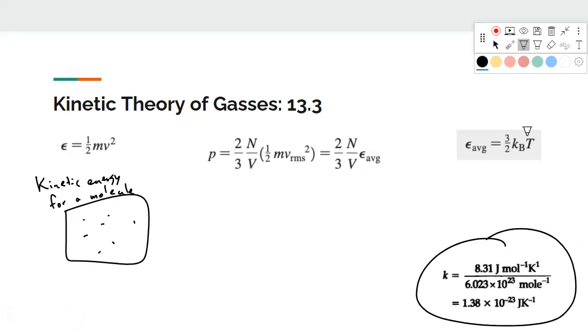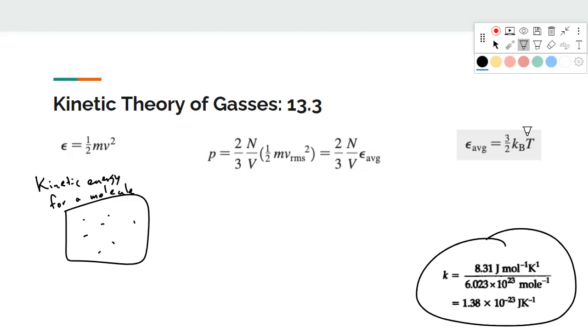That's just 1/2 mv squared. It's the same formula we learned in 3A. The gas molecules have a tiny, tiny mass. They have a pretty big velocity. So they each have some amount of energy, but the mass is so small that the amount of energy they have is pretty minuscule on their own.